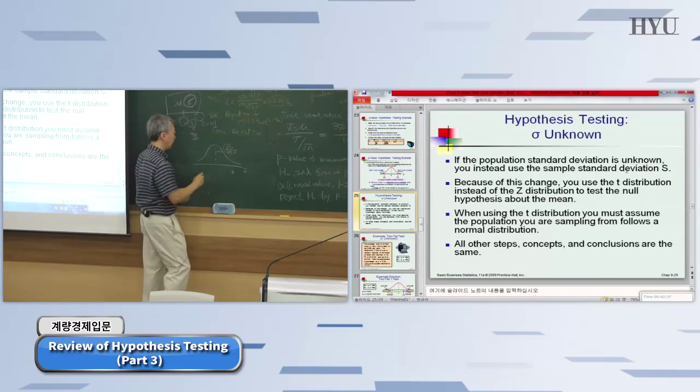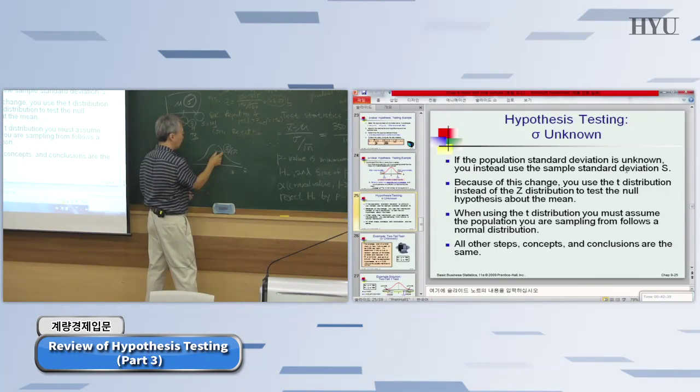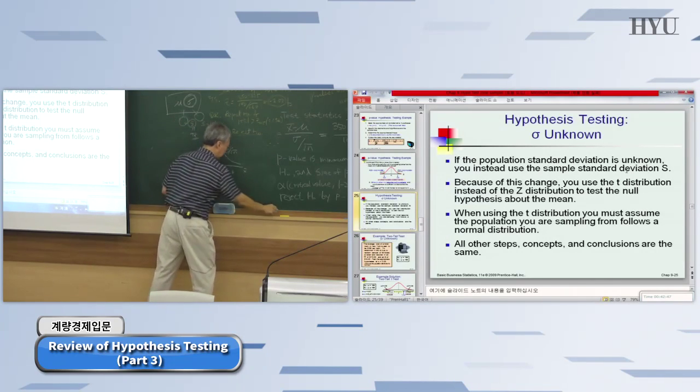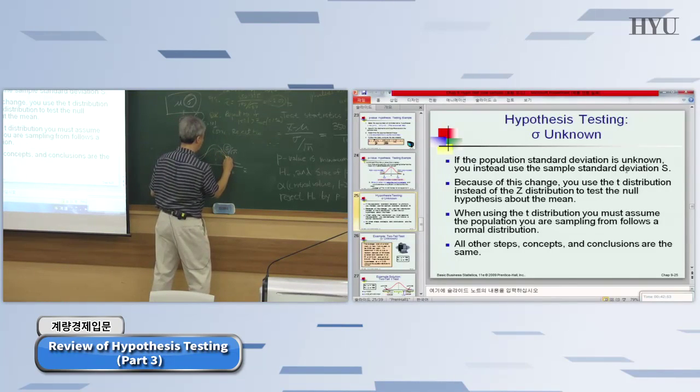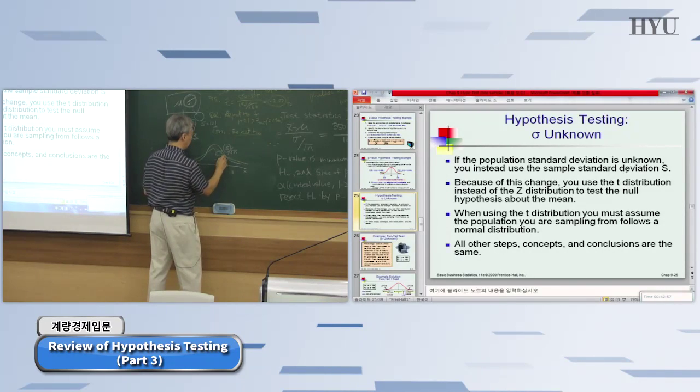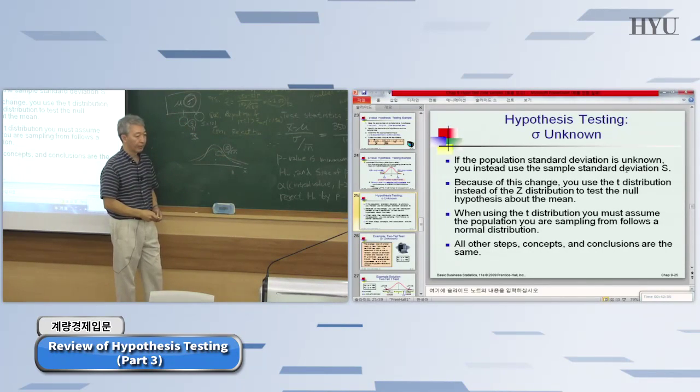So what that means is this dispersion, or spread, or variability is a little bit larger. You have to allow a little more variability in your sampling distribution.